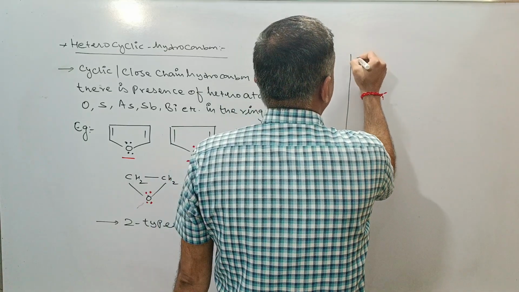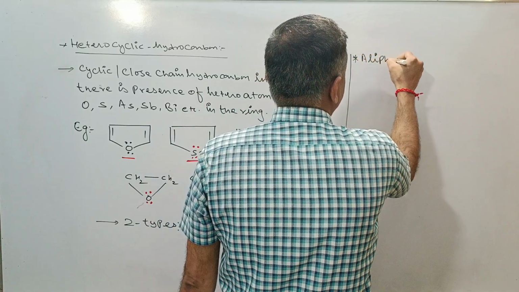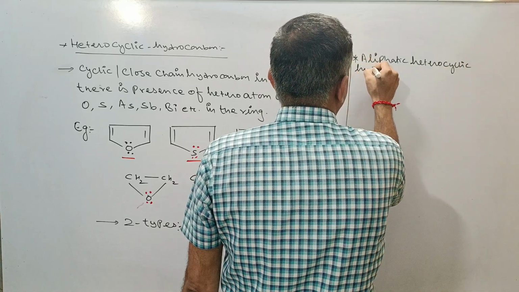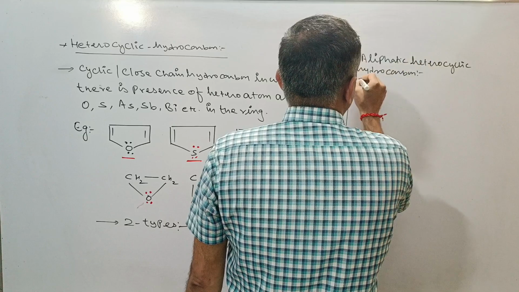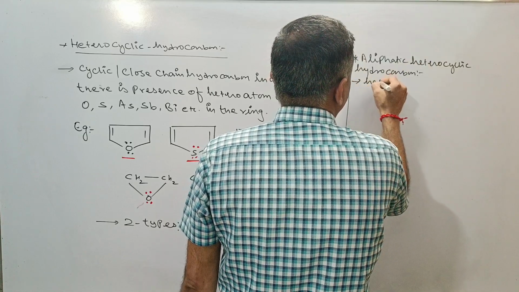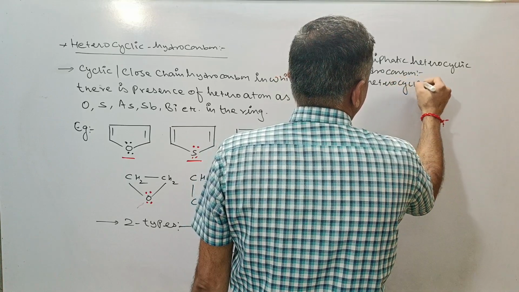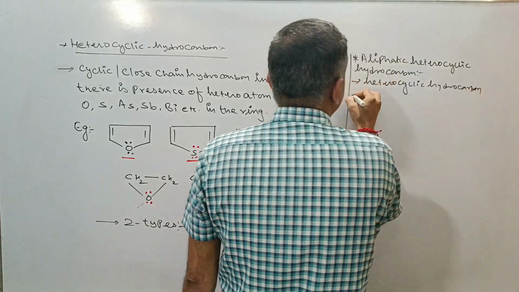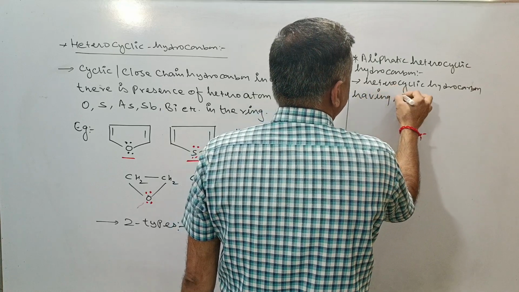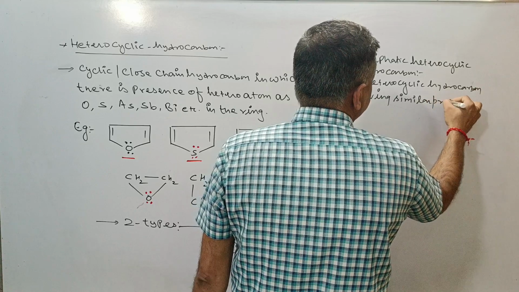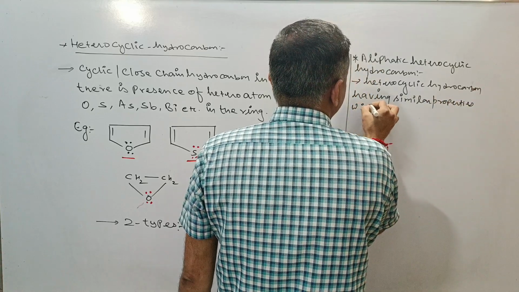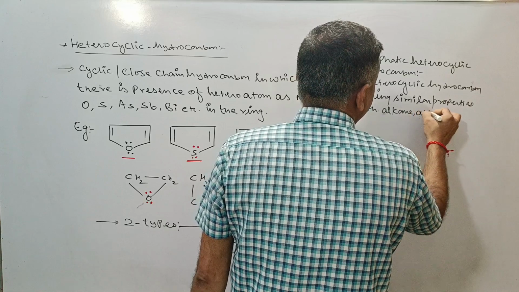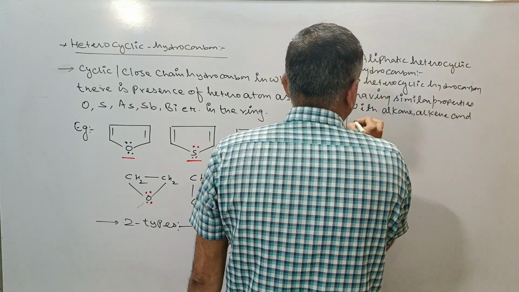This is the aliphatic heterocyclic hydrocarbon. It is a heterocyclic hydrocarbon having similar properties to alkane, the open chain hydrocarbon, and alkyne.